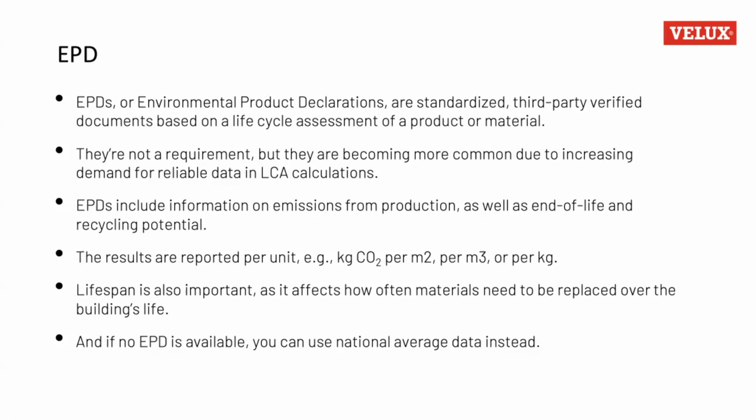So in these documents, we also find results from different environmental impacts, for example, global warming potential from the production stage, from the end of life, and from recycling potential. And the result comes out in per unit. So there is this declared unit for every EPD.